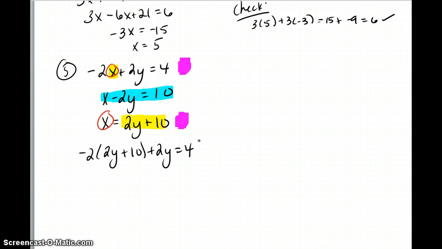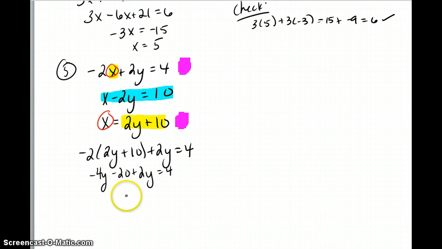Remember that the whole point of substitution is to get down to one variable, which is what I just did here. Okay, I substituted in 2y plus 10 for the other x so that I have an equation of one variable. So negative 4y minus 20 plus 2y equals 4.